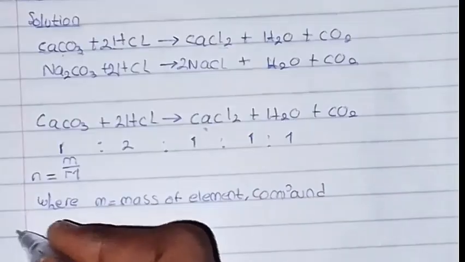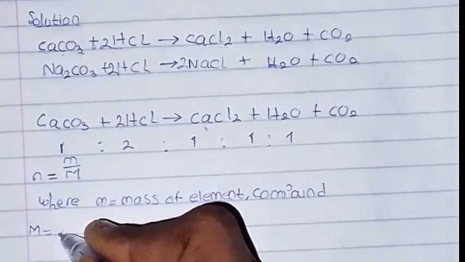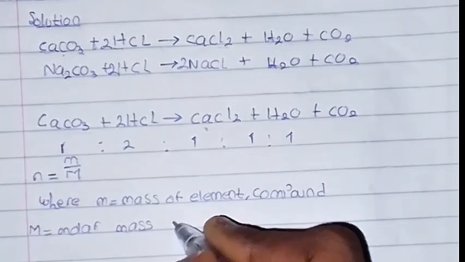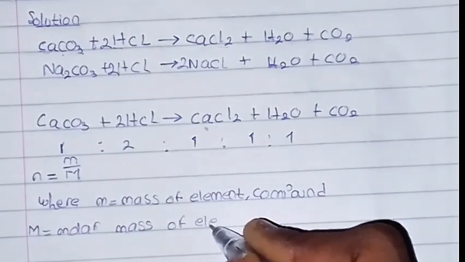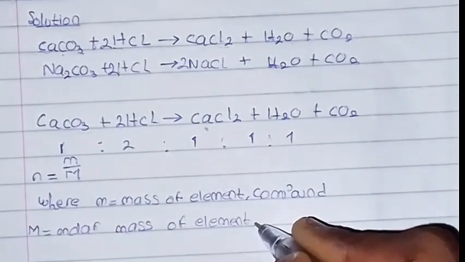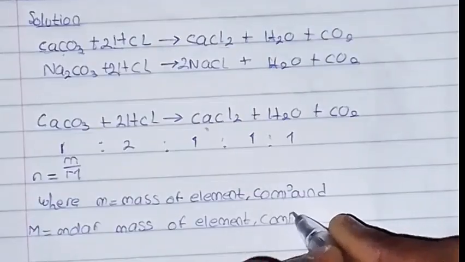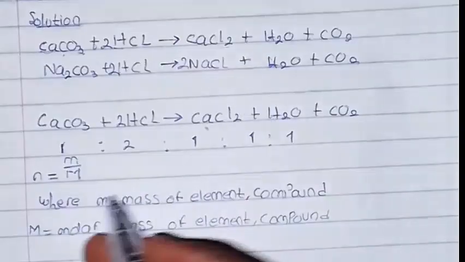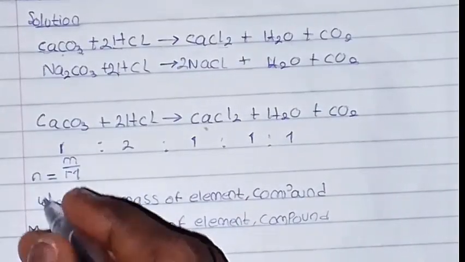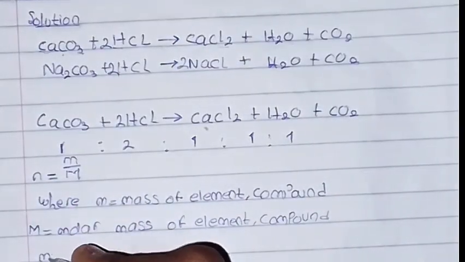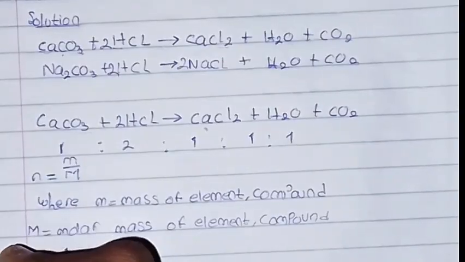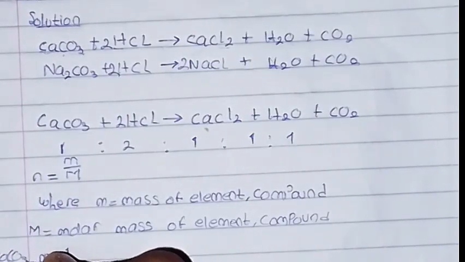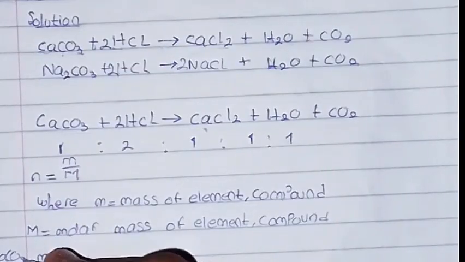Then M is equal to the molar mass of elements or molecular mass of compound. So in this case, we're given 1 gram of CaCO₃. CaCO₃ is a compound, so that's the given mass. So for this case, we have m to be equal to 1 for CaCO₃.